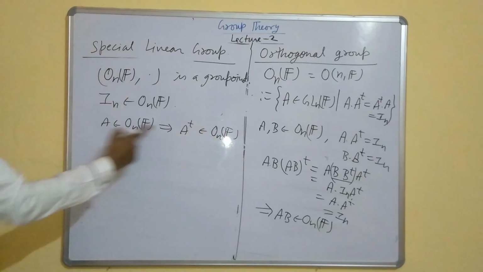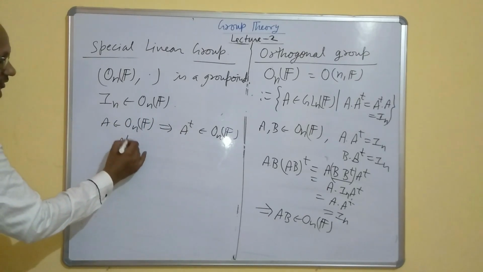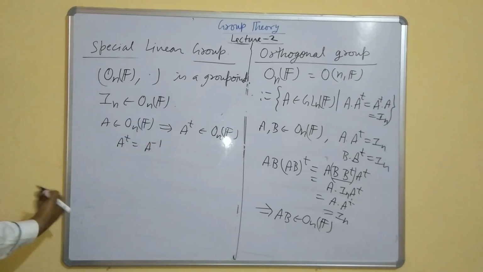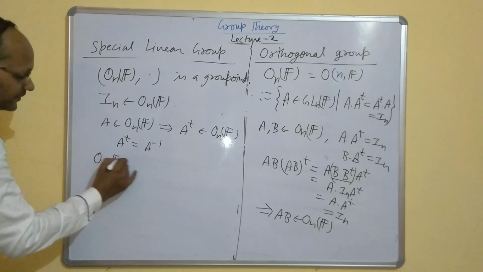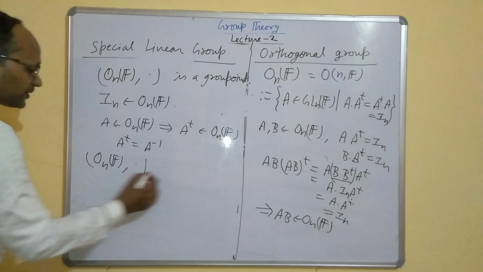But note that by the definition, A transpose is actually equal to A inverse. So the inverse of each of the elements belongs to OnF. So OnF, with respect to matrix multiplication, is a group.